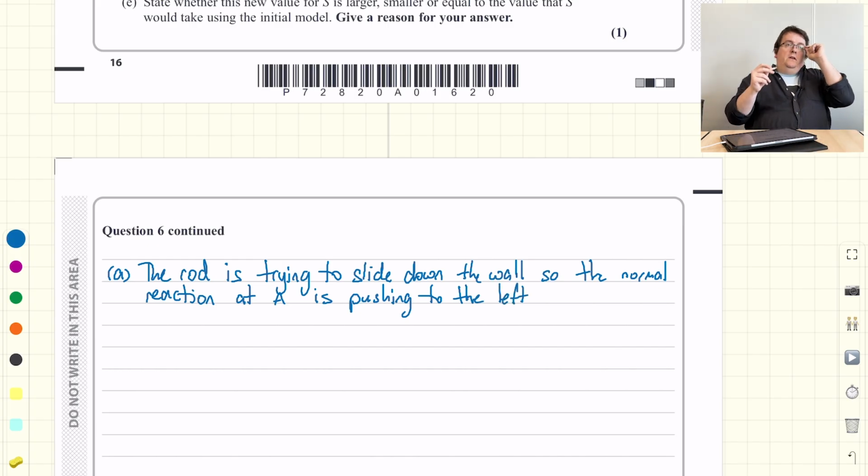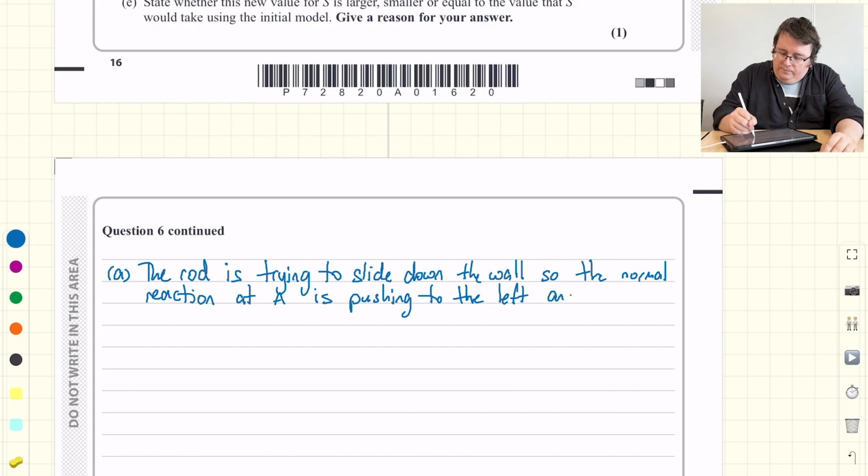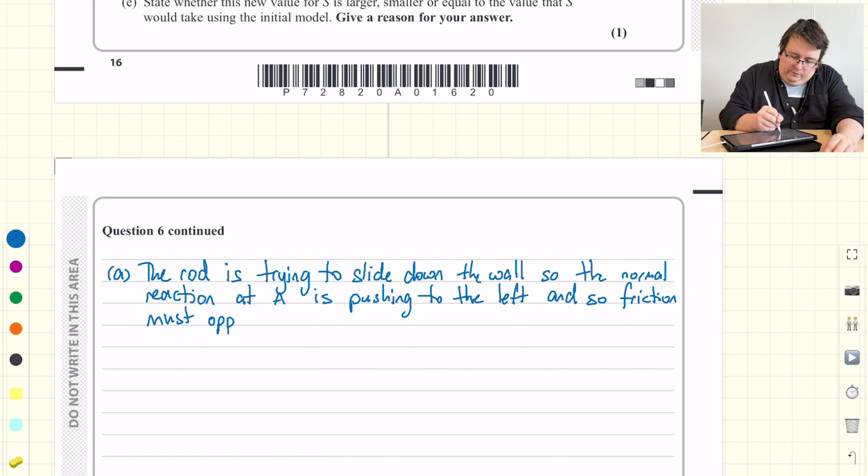So there's a normal reaction contact force that is pointing vertically upwards, okay? But what's happening is that it's pushing against the ground, so it's trying to push towards the left, so to your left, okay? And consequently friction must act to the right. And so friction must oppose this and act to the right.